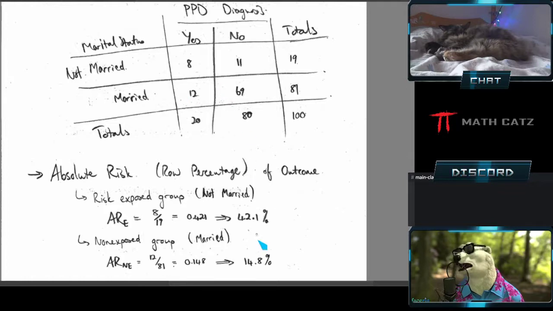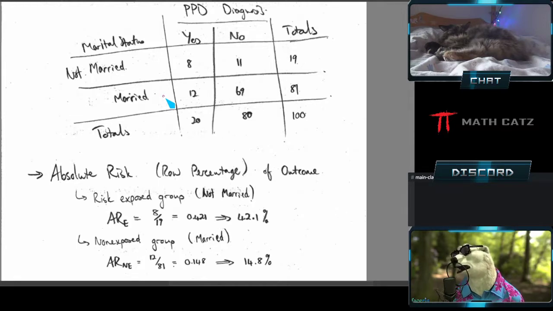But then everyone would have a 14.8% chance. The difference, the 27.3 it was, 27.3% of these not married people could have been treated by way of marital status and avoid postpartum depression, statistically speaking.